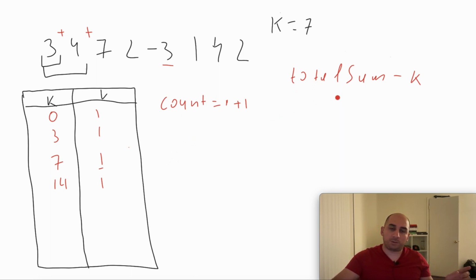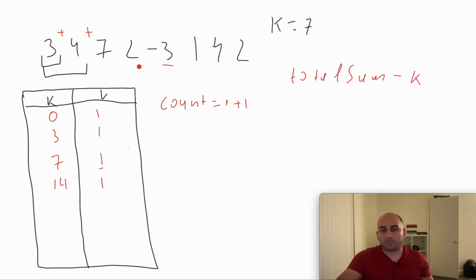That also should exist somewhere earlier in the array, because otherwise we cannot claim that we have a case where, for example, in this case, we have 14 minus 7, so our total sum, and somewhere earlier in the array we have also 7 as the leftover. Somewhere earlier in the array we have this sum, 3 plus 4 is equal to 7, so it means that this one is another case.